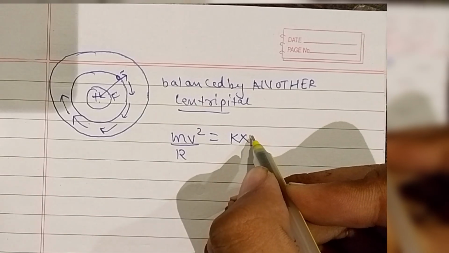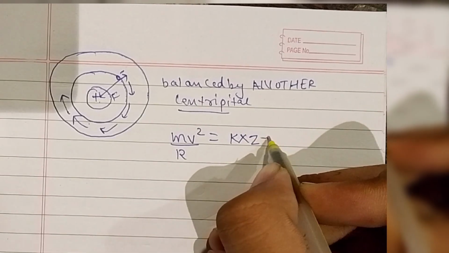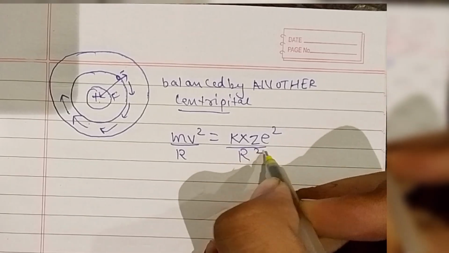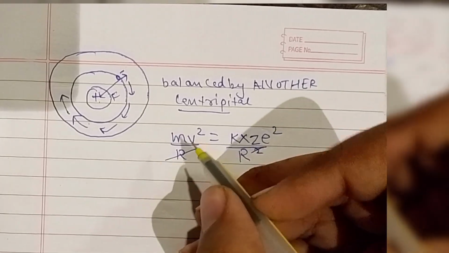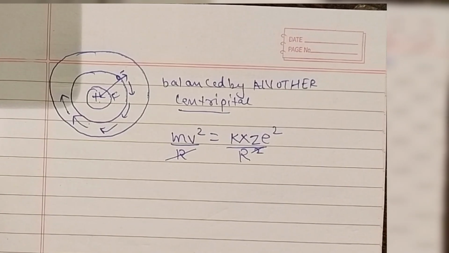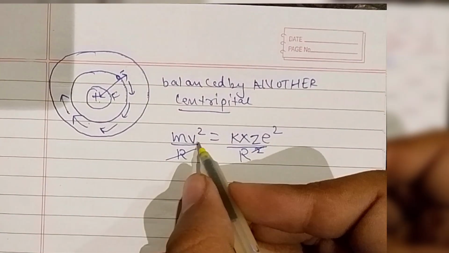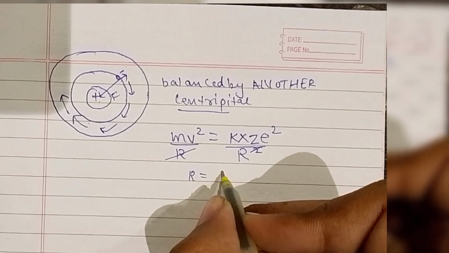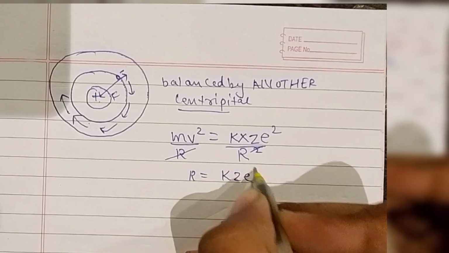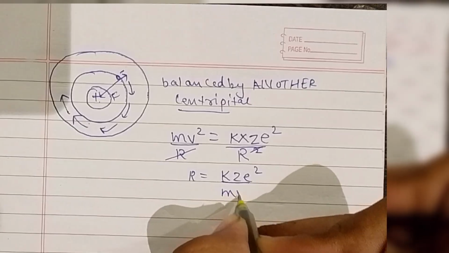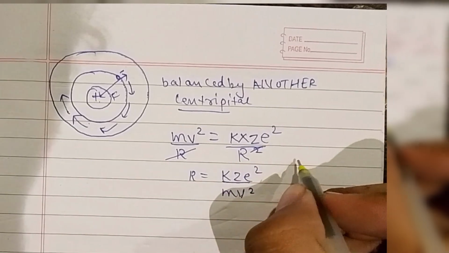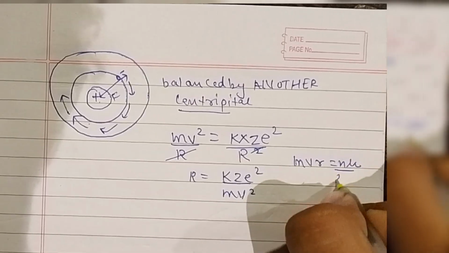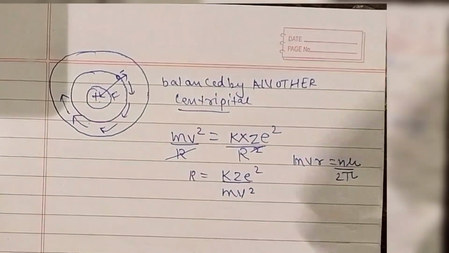So k Z e square upon r square, the e cancels out, and the radius goes up here, right? So r is equal to k Z e square upon m v square, and we have proved that mvr should be equal to nh upon 2 pi.